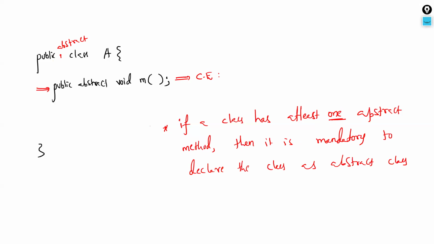So the correction is, I'll use green. So it is a correction. It is abstract. Clear? One more confusion. I'll take public. Okay, I'll leave something wantedly.